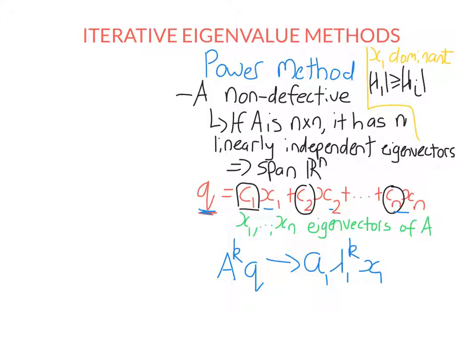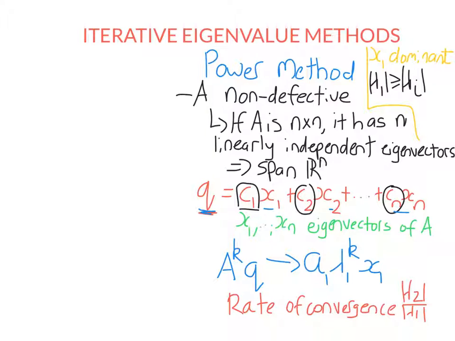But depending on your initial guess, sometimes it could converge to another eigenvector if your original guess was close to one of the non-dominant eigenvectors. So the rate of convergence is given by the ratio of lambda 2 to lambda 1. Lambda 2 is the second dominant eigenvalue, or if you like, the eigenvalue that has the second largest absolute value.